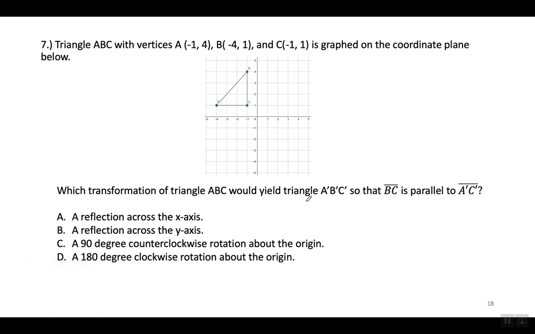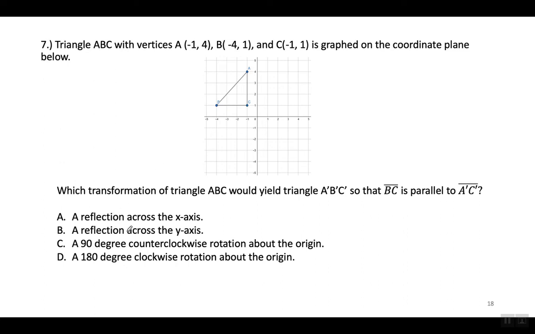Let me explain the question again. And let me break it down a little bit for if anyone out there didn't understand the question. They're giving you this triangle. Which one of these transformations, remember that when I do a transformation, ABC is going to change to A prime, B prime, C prime.